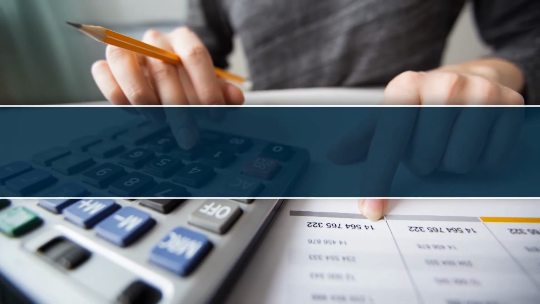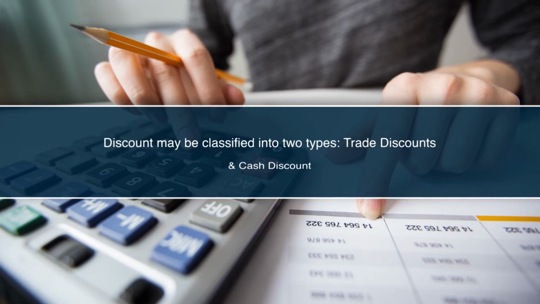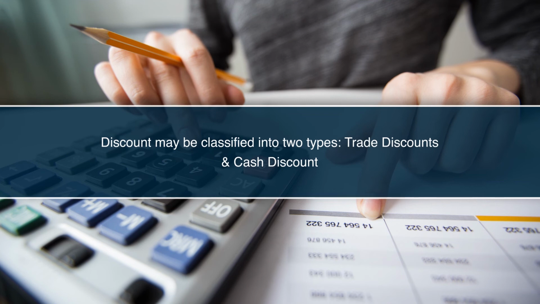Now the last thing in invoices, which we will discuss, is recording discount. Sometimes we give discounts, so we want to record those within our invoices. Discounts are of two types: trade discount, which we usually give on the bulk quantity purchased, and cash discount on the prompt payment.